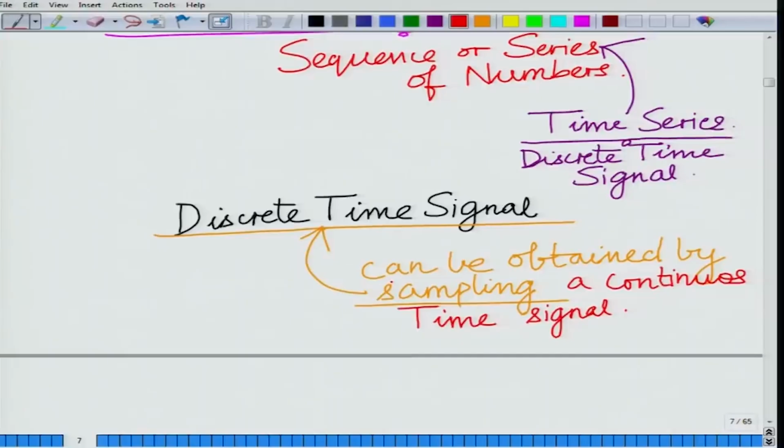Okay. And there are certain properties: how do we do the sampling, how can we carry out the sampling so that information is preserved? There are a set of principles and properties of the sampling process.